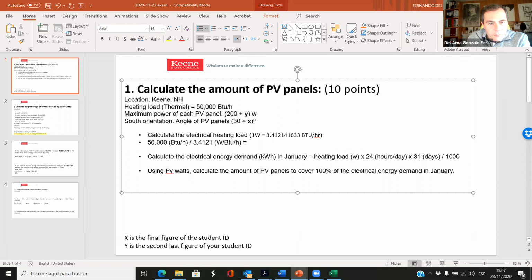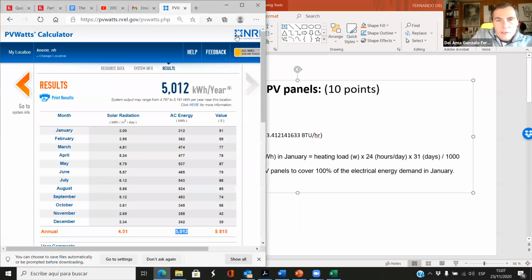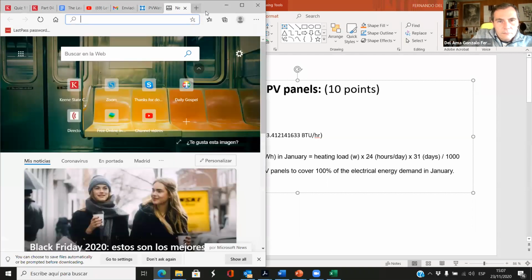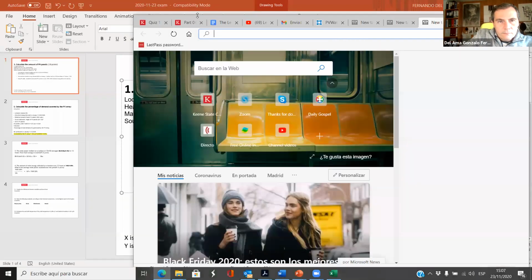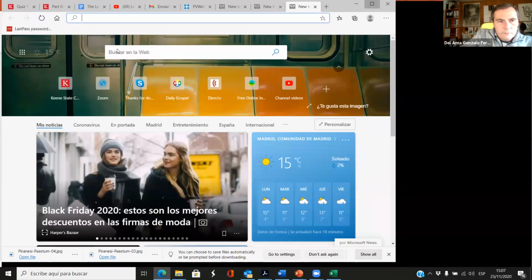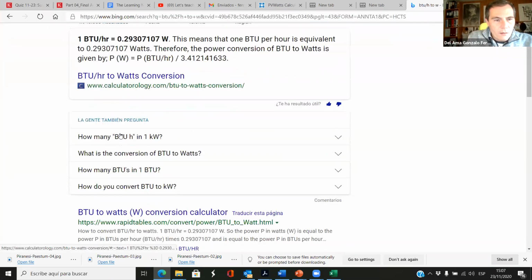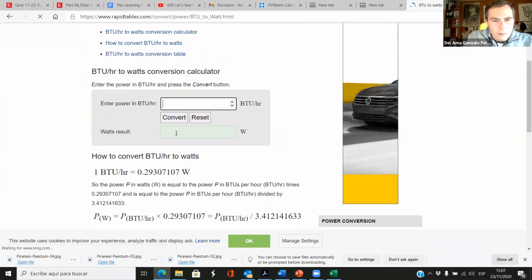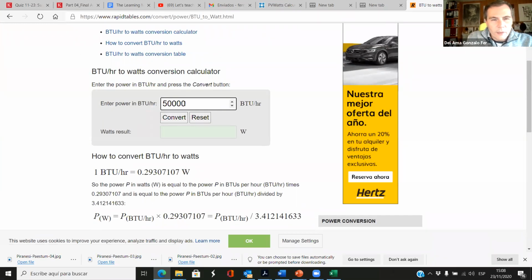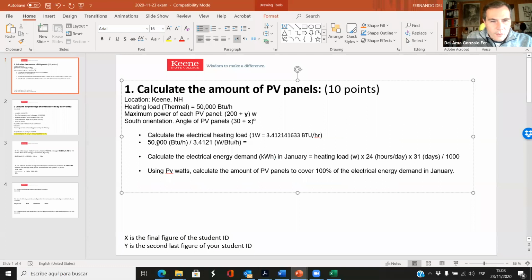Divide or multiply? BTU per hour to watt. Okay, so 50,000 divided by 3.4121.